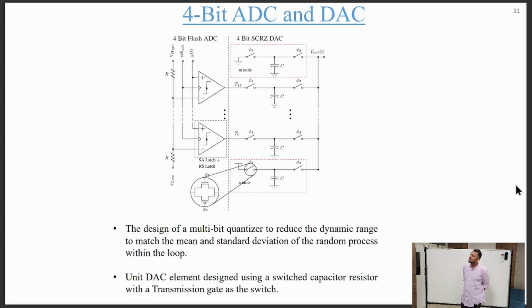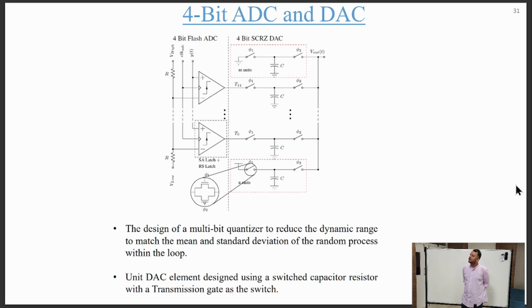Okay, so this is our quantizer setup, that is a 4-bit flash ADC and a 4-bit switch capacitor RZ DAC. We use a high time constant comparator for the flash ADC, and for the switch capacitor RZ DAC, since the mean and standard deviation of the random process seen at the input of the quantizer is not covering the entire dynamic range of the quantizer, we adjusted it so that the resolution will be better.